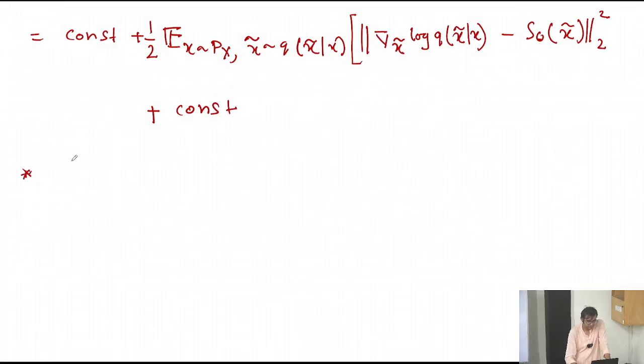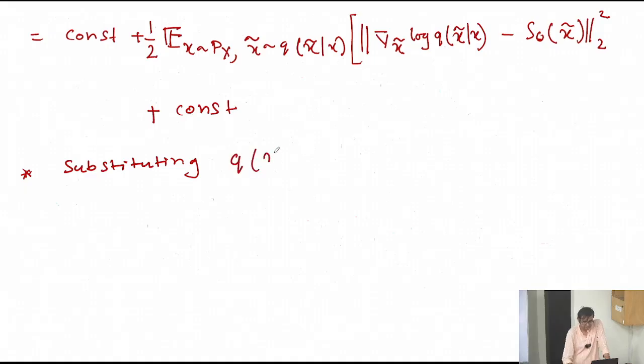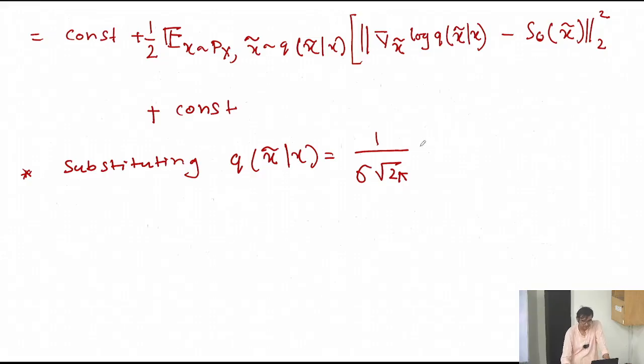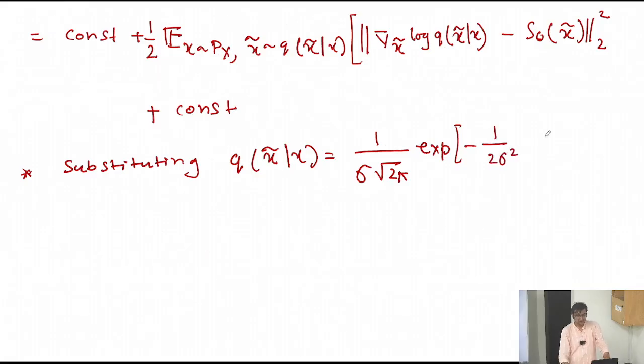So substituting, q(x tilde | x) is equal to 1 by sigma root 2 pi exponential of minus 1 by 2 sigma square, x tilde minus x whole square. Again, I am taking a scalar.